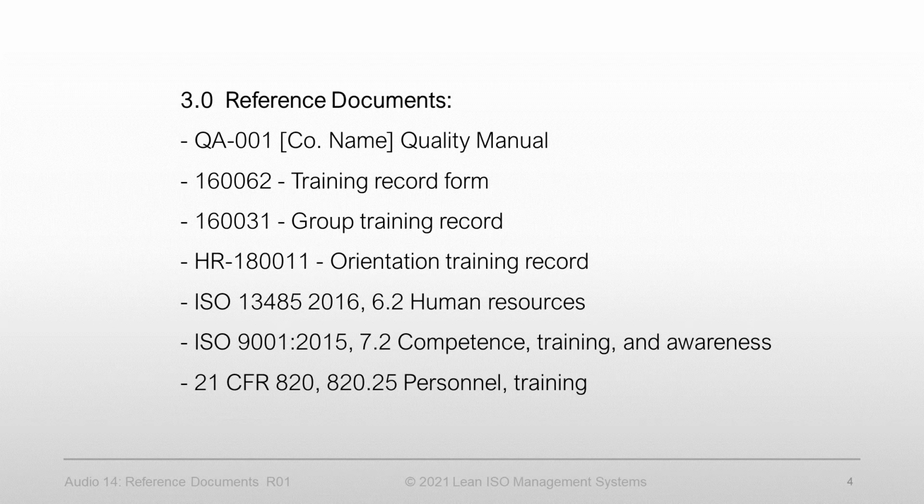When I completed the review, I noticed a few references to the training record form, the group training record, the orientation training record, and the record retention procedure in the text.